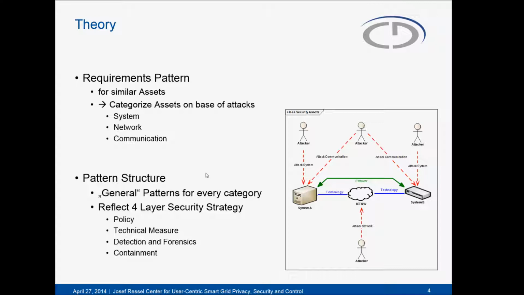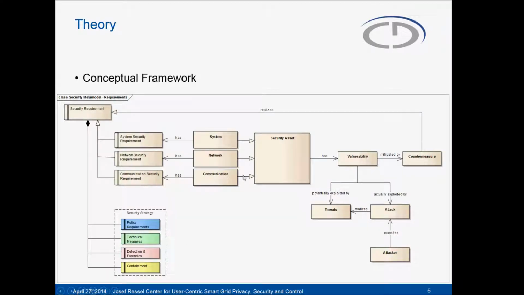Based on these asset categorizations, we can derive some general patterns for every category. And these general security requirement patterns reflect the four-layer security strategy, which comprises policy, technical measures, detection, forensics, and containment. If we take a look at the underlying conceptual framework again, we see that it is now extended by these three elements, which in fact realize a security asset.